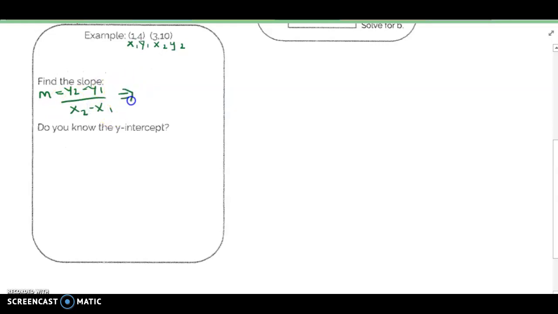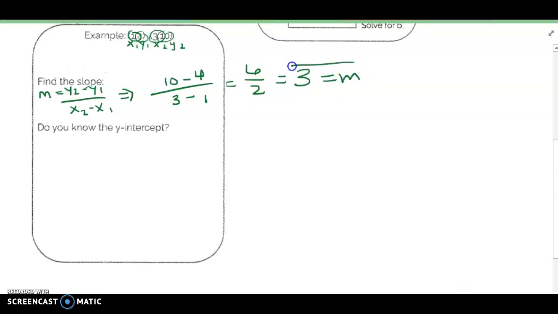Okay, so if I simplify this, my y2 is 10, so 10 minus my y1 is 4, over my x2 is 3, minus my x1 is 1. So if I simplify this, this is 6 over 2, which is just 3.